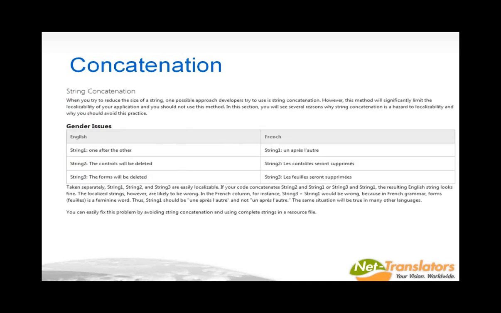This, again, I'll admit, is taken from MSDN as well. By the way, it's a very helpful resource if you're interested. Just Google it. The main problem in concatenation is that not all languages work in the same way. So there are issues such as word order, gender, and even translation issues, which we'll look at in a minute. So why would a developer concatenate? Well, it saves them room, and they've been taught to do so.